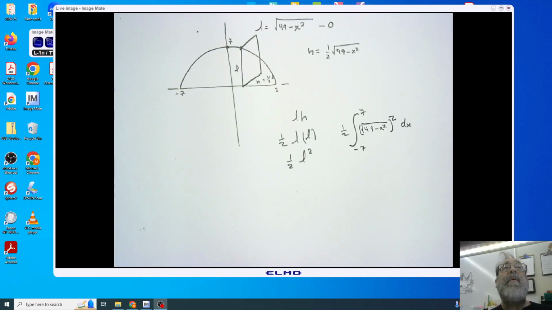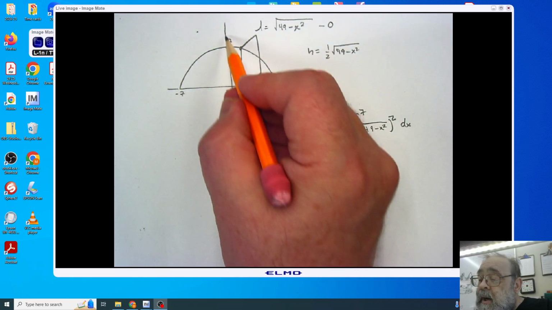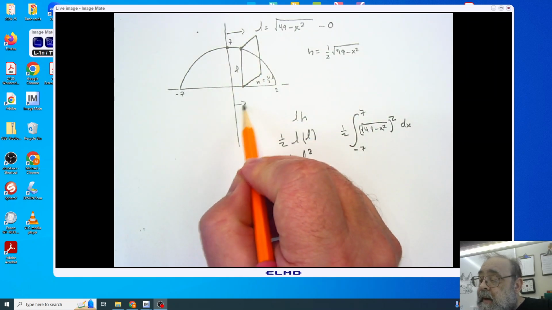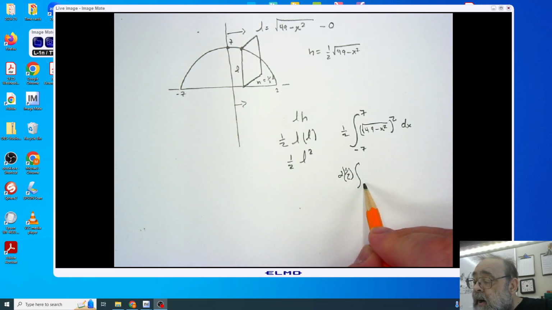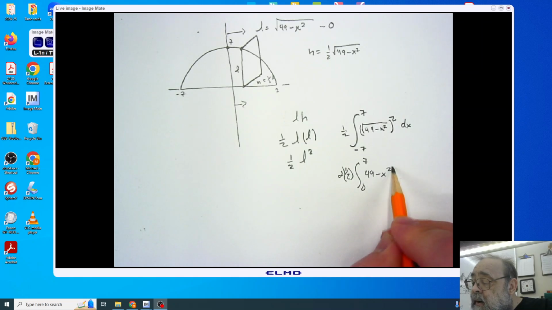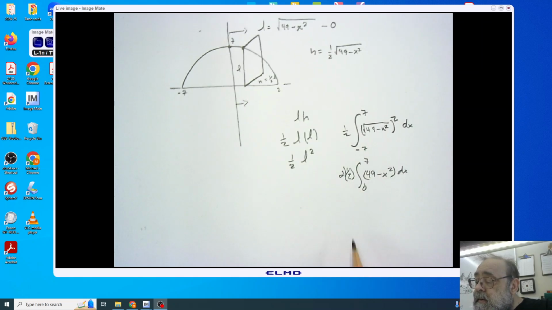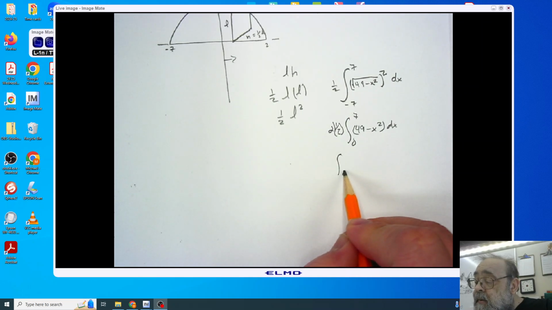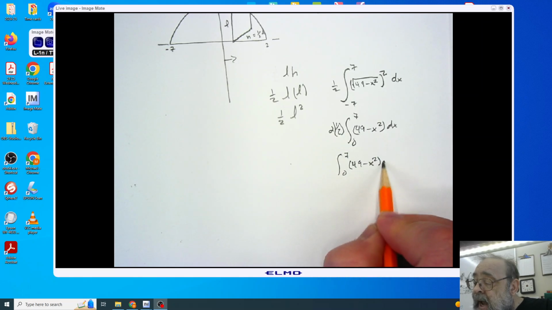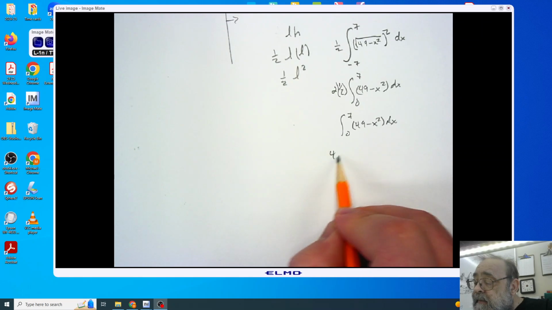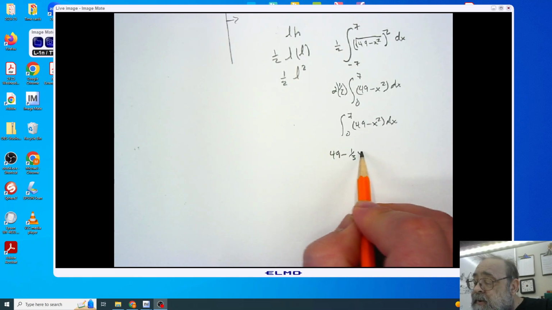Now when I do this, I prefer to use my even power rule. That means that I'm going to be cutting it down and only taking half of it. That means I'm going to double my volume, 2 times 1/2, 0 to 7, and I'm going to square my square root, leaving me with 49 minus x squared dx. I'm left with now 0 to 7, 49 minus x squared dx, which I now integrate to be 49x minus 1/3 x cubed.